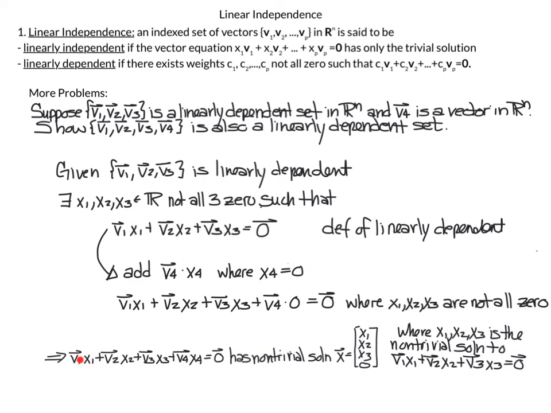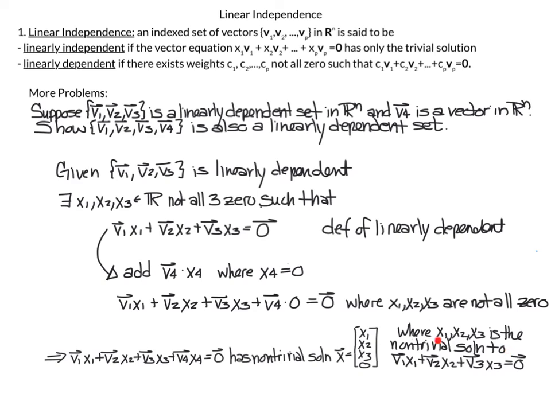So that implies that v1 x1 plus v2 x2 plus v3 x3 plus v4 x4 equals the 0 vector has a non-trivial solution x1, x2, x3, 0, where x1, x2, x3 is the non-trivial solution to our equation v1 x1 plus v2 x2 plus v3 x3 equals the 0 vector.